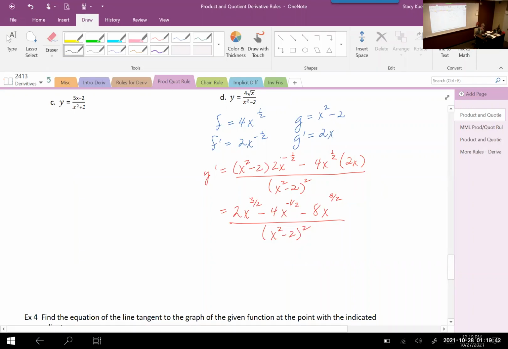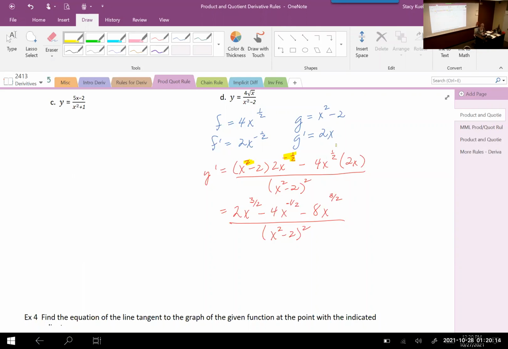If the bases are the same, which they are, they're both x's, I'm going to add their exponents. 2 minus 1/2 is 3/2. Yeah. I just didn't. You're making me think I don't know how to do that one by myself. That's why I asked.